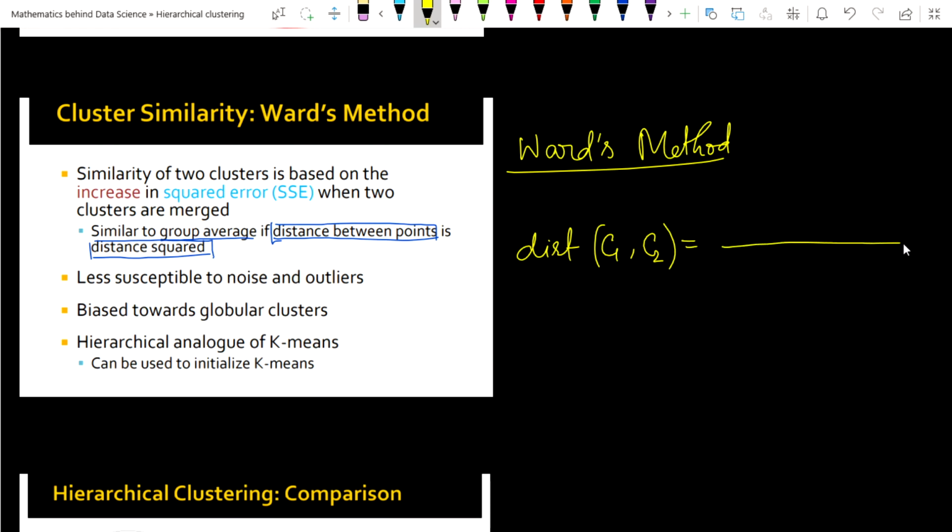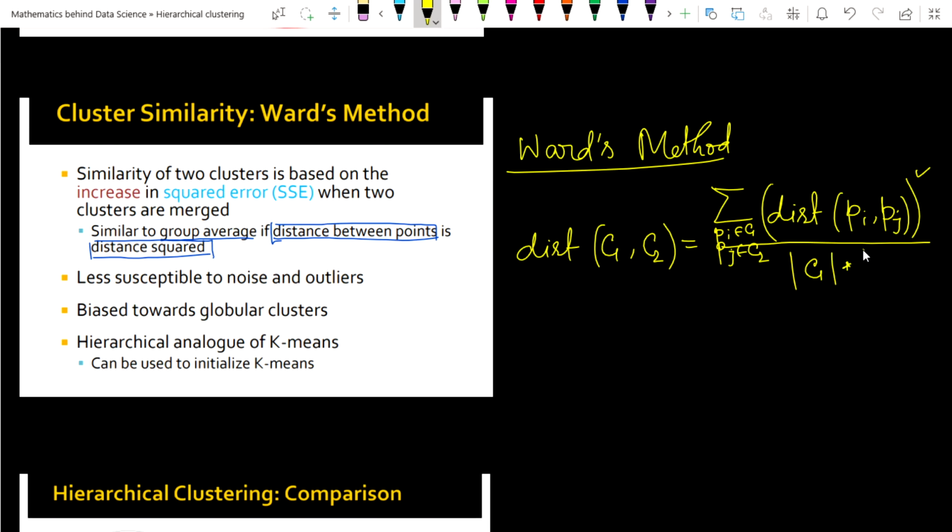It means the distance of the point Pi and Pj, we have to take its square and make the summation of squares. Pi will be in cluster 1 and Pj will be in cluster 2. And in the denominator we have to take the size of each cluster.